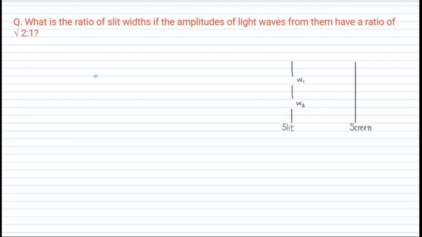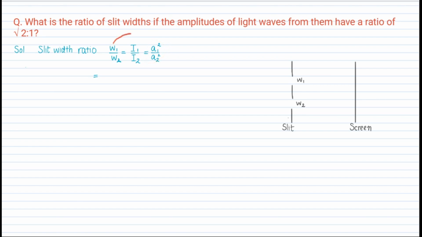Now we remember your slit width ratio is W1 upon W2, which can be written as the ratio of the intensity coming from your slit S1 by the intensity coming from your slit S2. Now, since intensity is directly proportional to amplitude square, I can write I1 by I2 as A1 square upon A2 square.